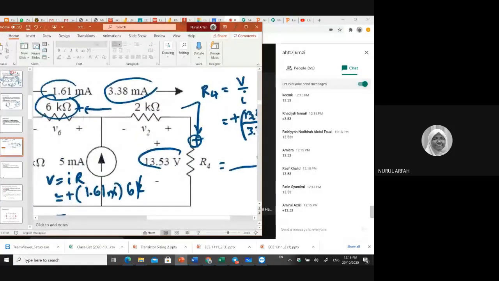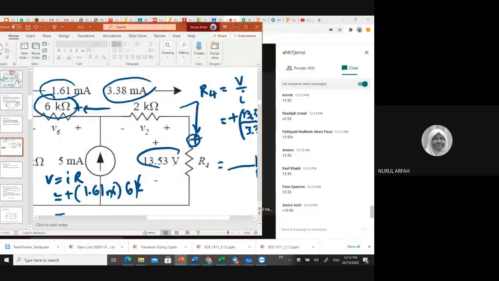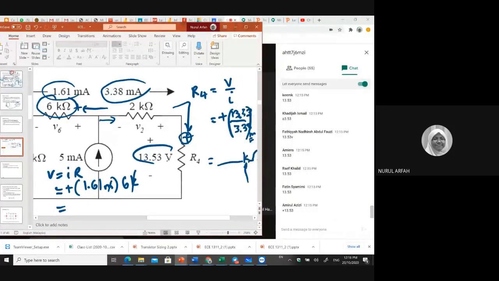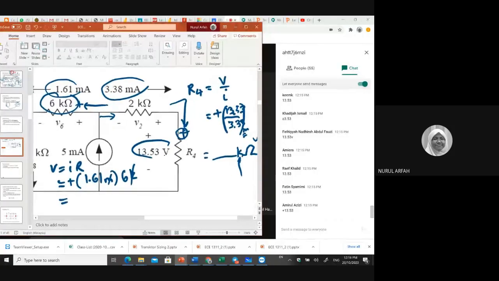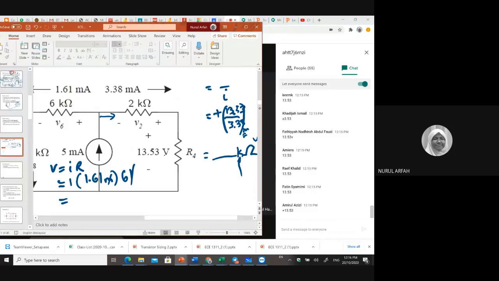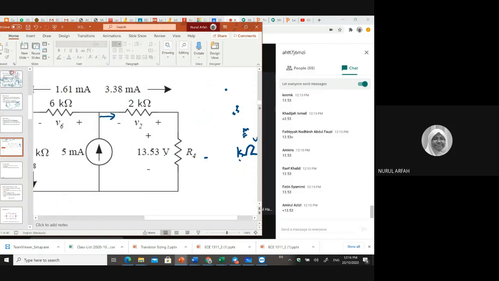What is V2? Why did I put V2 in that direction? Can anyone say something? You can write down, or you can unmute yourself. Why did I put this direction, not this direction?